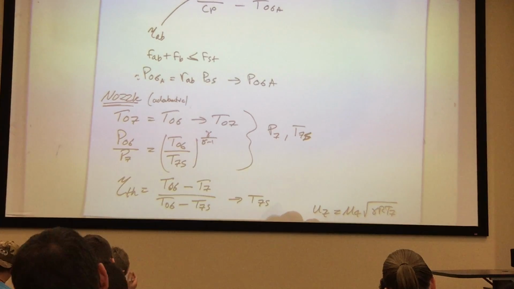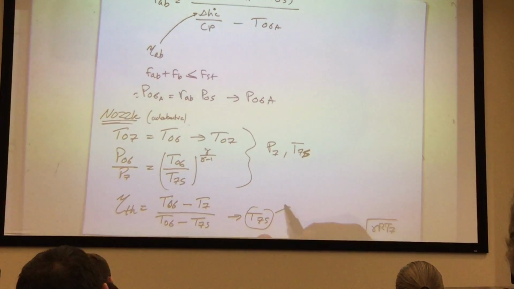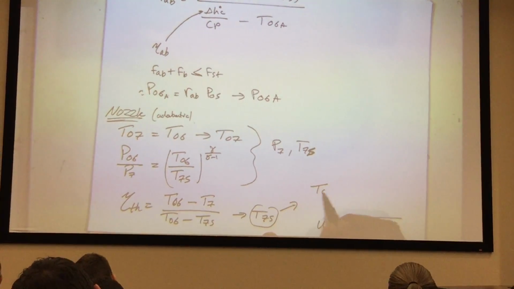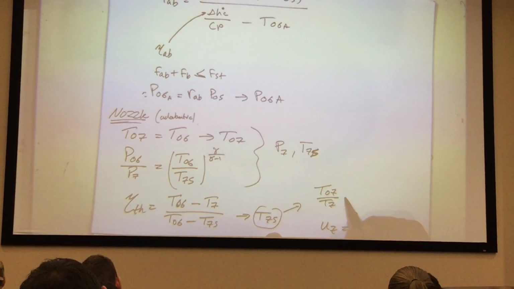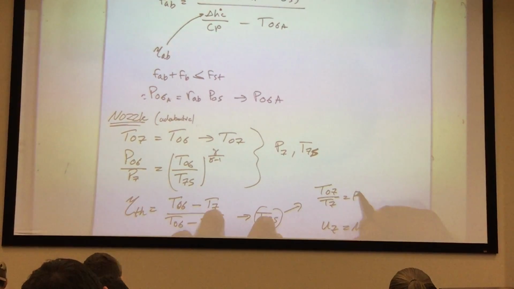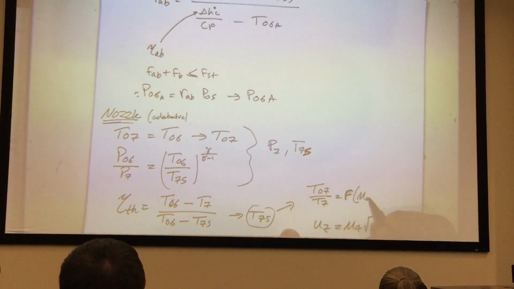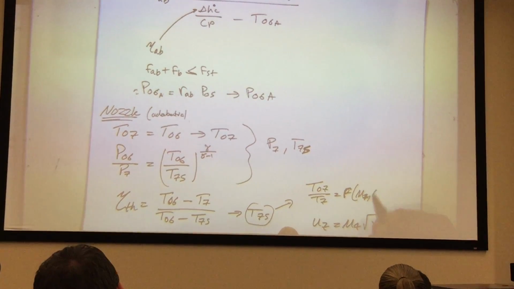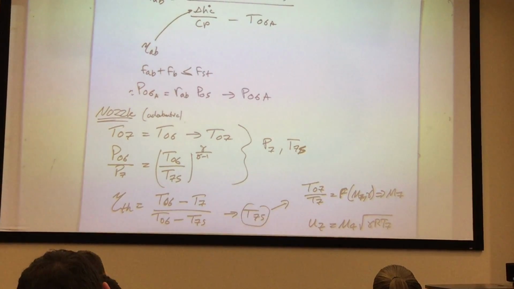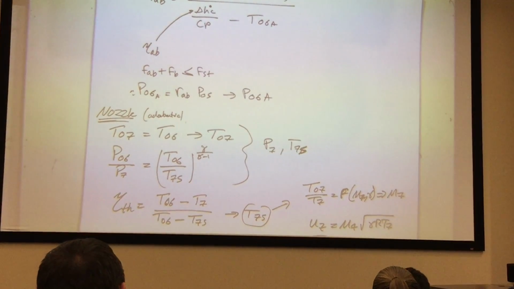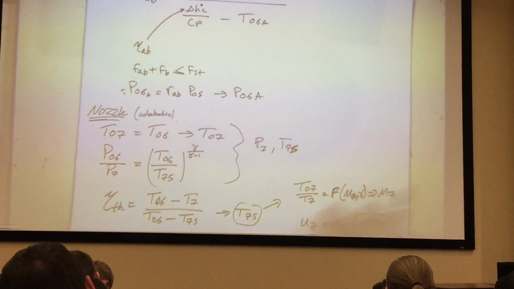This is doable. And actually, if I know this, I could use T_O7 divided by T_7, which is going to be a function of your gamma and Mach number at 7. And from that I could get M_7, substitute it in there and get my velocity at 7. So this is sort of the formulation for a real engine.